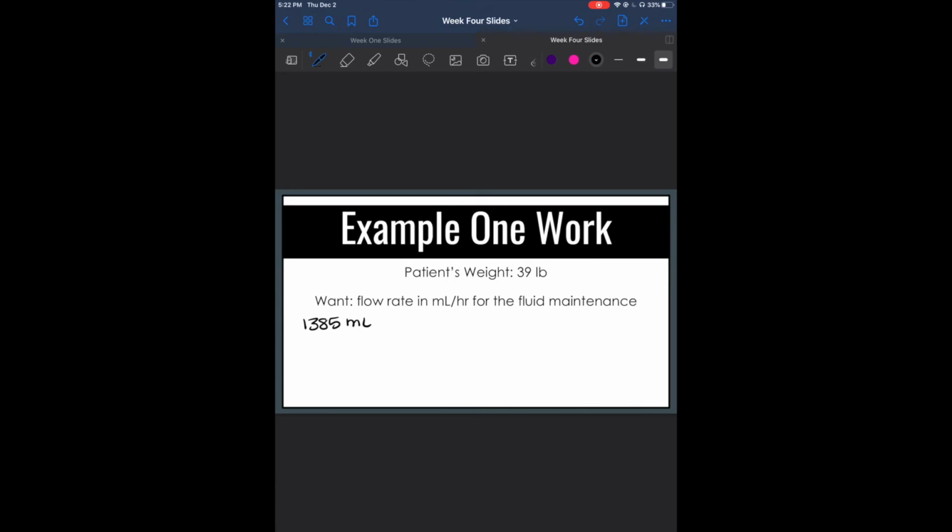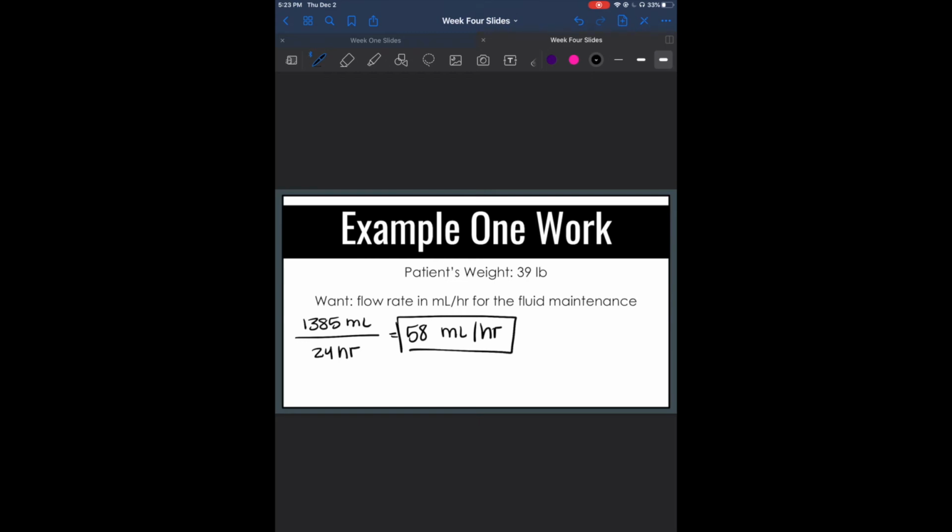And remember, they are getting this over a 24-hour period. So you're going to just divide that by 24, which is going to give us a rate of 58 milliliters an hour.